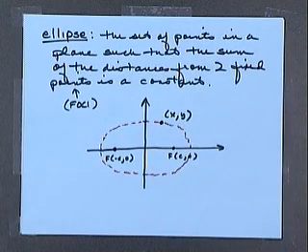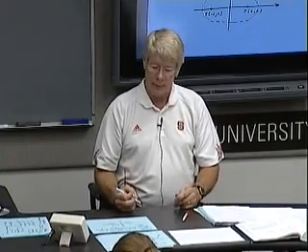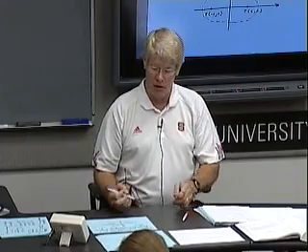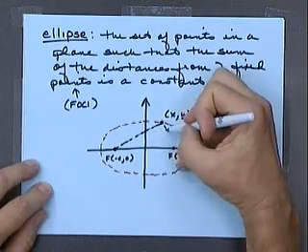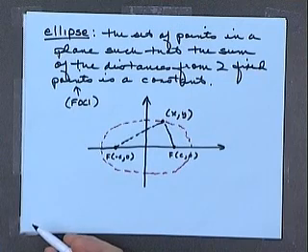When we finish with the equation, every (x, y) in the equation would be a point that would satisfy the conditions of the ellipse, such that the sum of the distances from these two fixed points is a constant. So this distance plus this distance is fixed. And in fact, any point that I pick on the ellipse, the sum of those two distances is fixed.